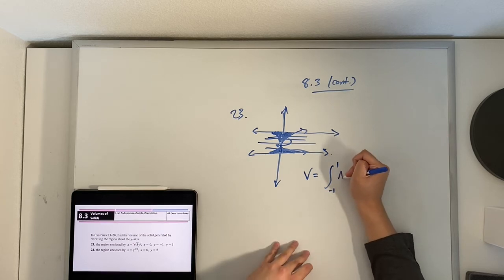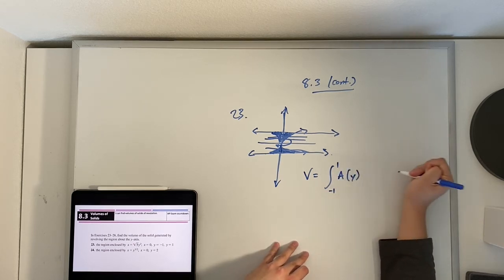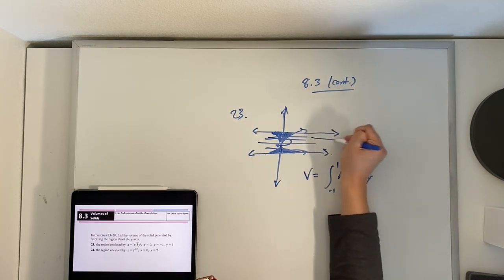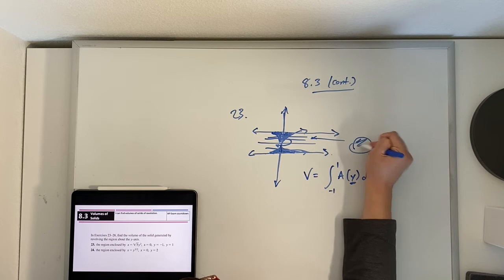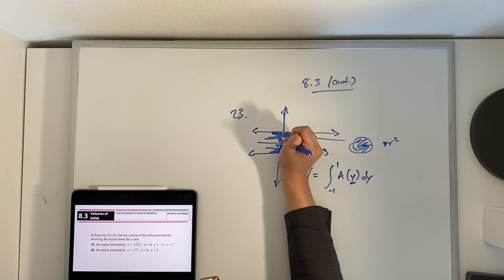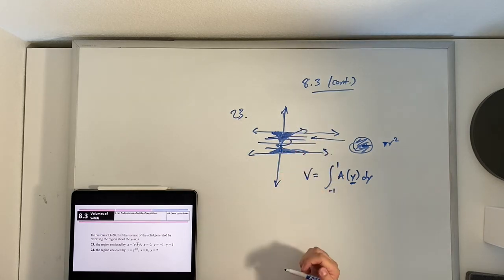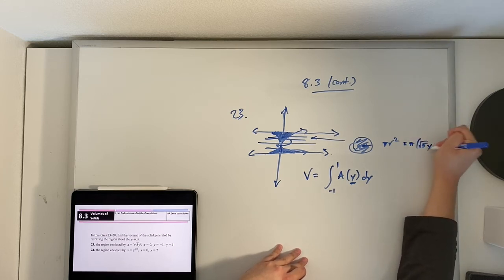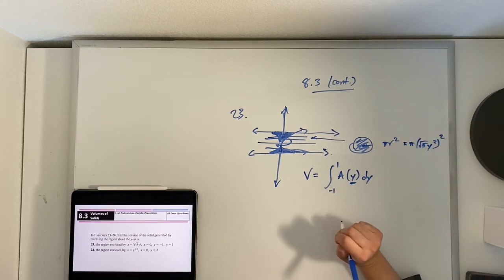And we want the area of a cross-section in terms of y. So if we think about a circle here, pi r squared, but r is going to be the distance from the y-axis over to this function. And what function is that? It is the square root of 5 y squared squared.